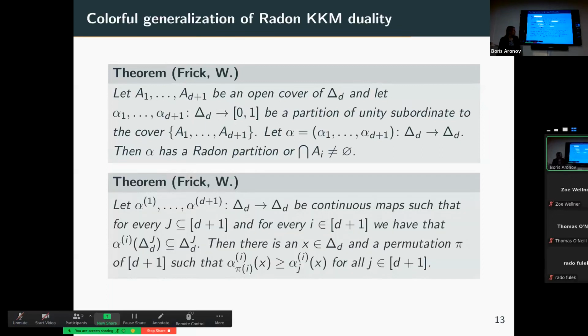And this just means that we now have our D+1 different families of partitions of unity, and we have our face structure, and then we have an X such that we get a maximized value for each j, for each i that we're applying the permutation to. And this does give us back our original colorful KKM theorem.